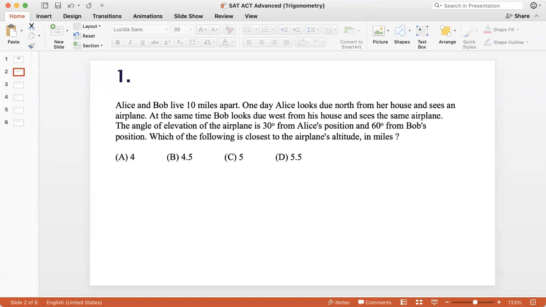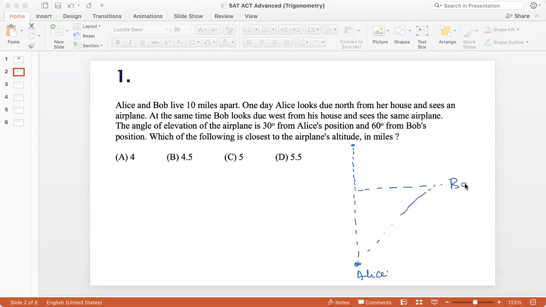So here we have, let's say, this is Alice, and she's looking due north at the aeroplane. Let's say this is the ground. And Bob is here because he's looking due west.